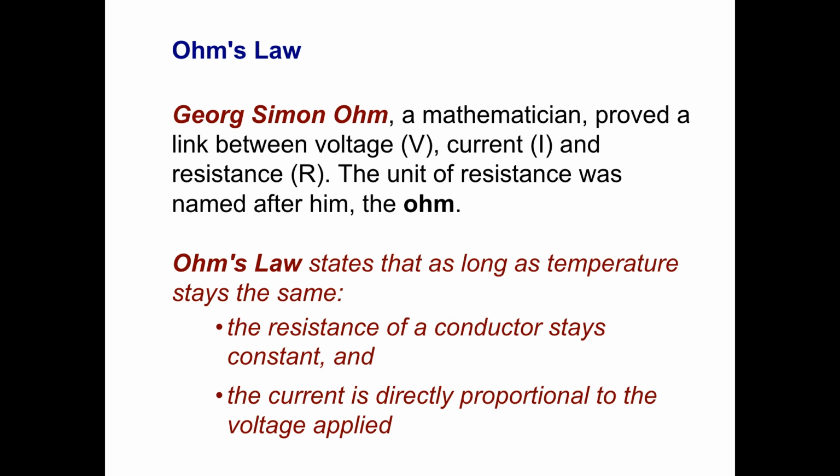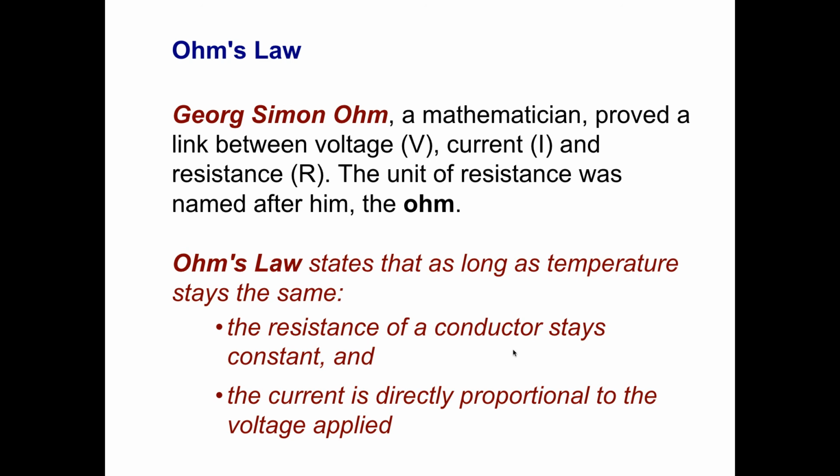If we were to heat this up or cool this down, that is going to affect the resistance and the conductivity, because as we heat things up, we cause particles to vibrate or move more, and that could potentially increase our resistance. And if we cool it down, then we can affect the resistance. This is why the temperature needs to stay the same.